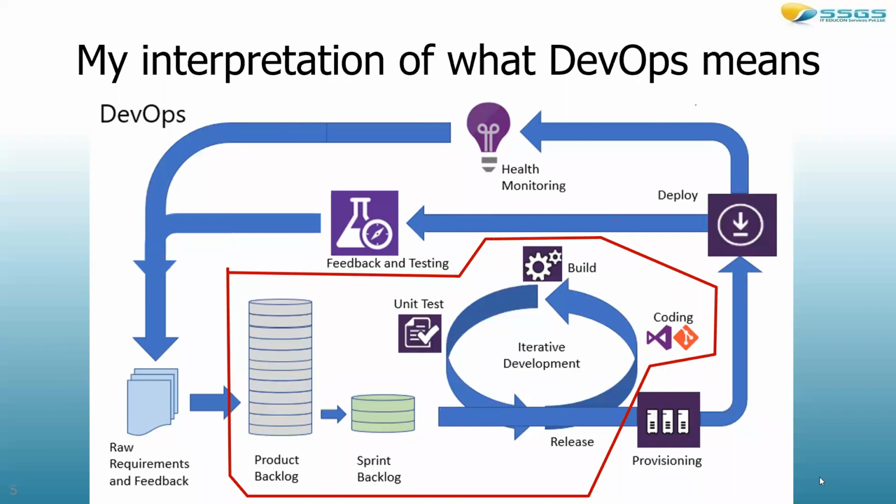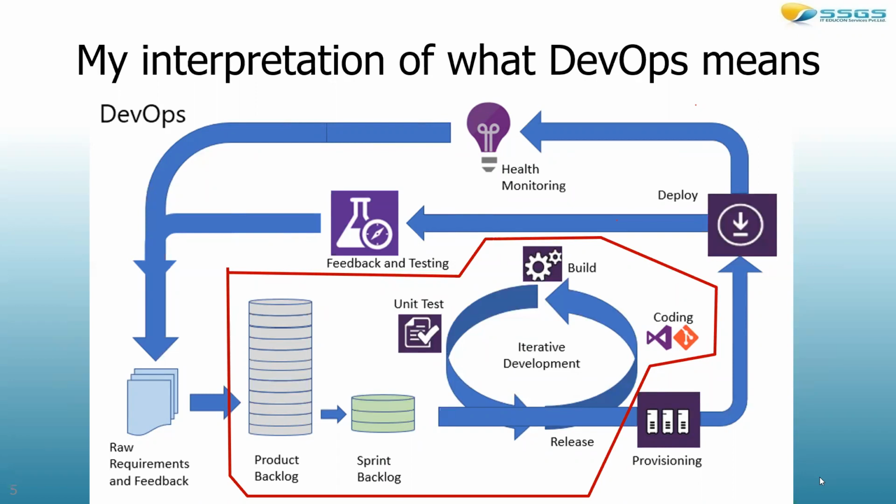And secondly, they also make it possible to get the feedback from the customer and plow that back as the raw requirements into the requirements stack. So the testing and feedback is also, now here there is a difference between the testing which is done as unit testing and the testing which is done after the deployment of the application to, say, a testing environment.